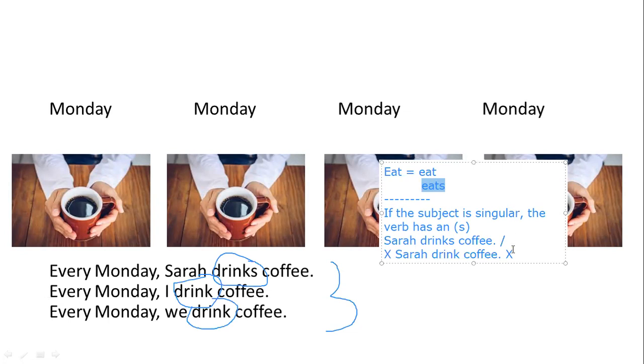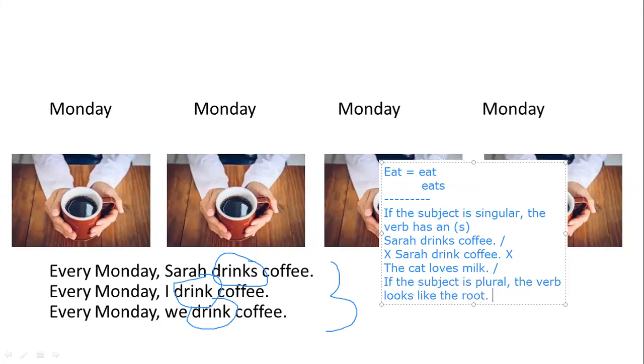Sarah drinks coffee. The cat, for example, loves milk. Okay, so it's one cat. But when the subject is plural, the verb looks like the root.